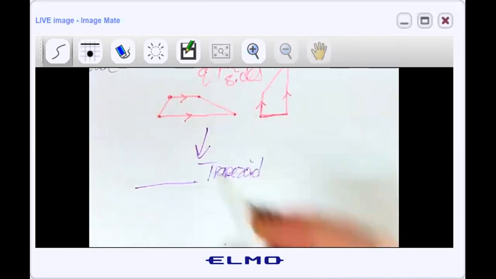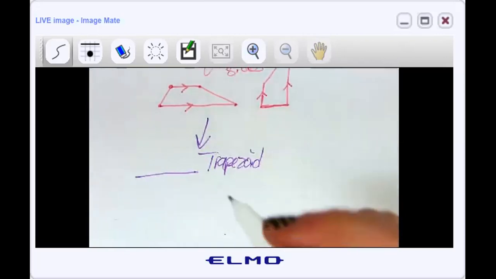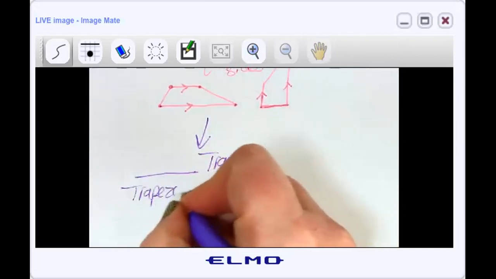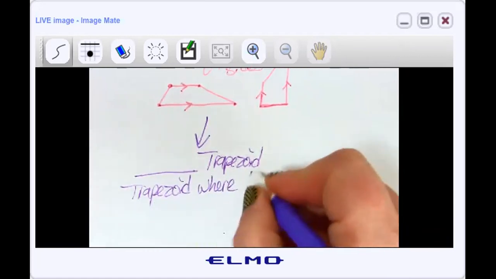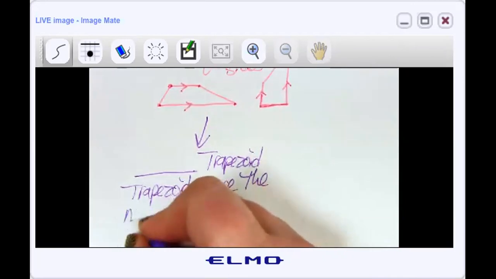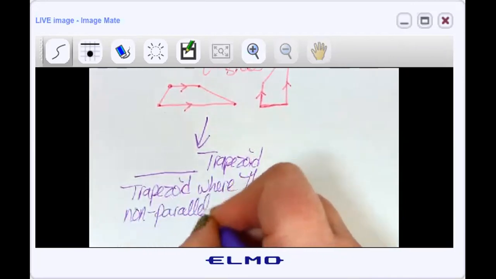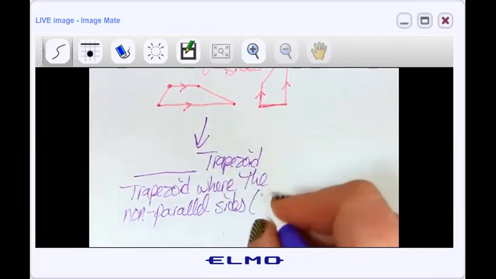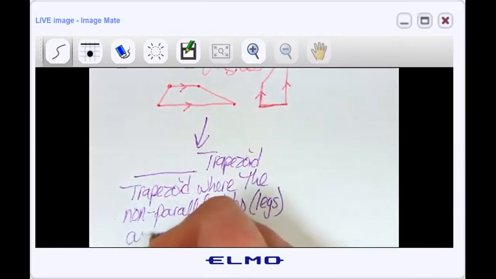The word that goes in this blank is a vocab word that we have talked about before. So the blank trapezoid is a trapezoid where the non-parallel sides, which are called legs, by the way, are congruent.